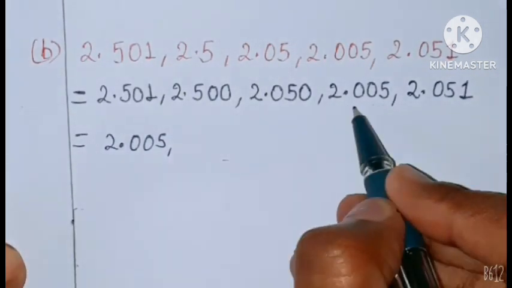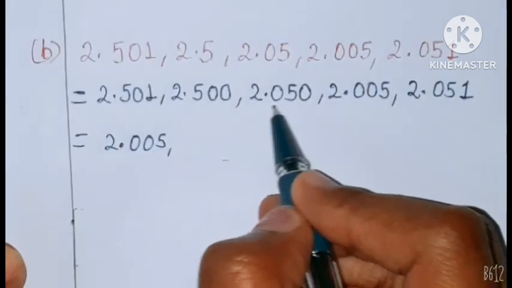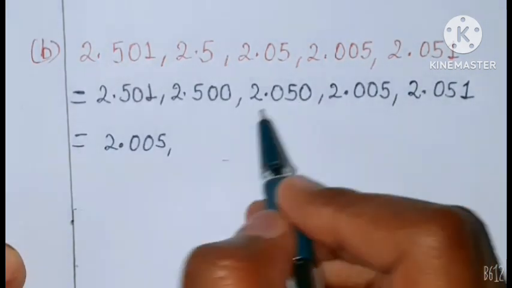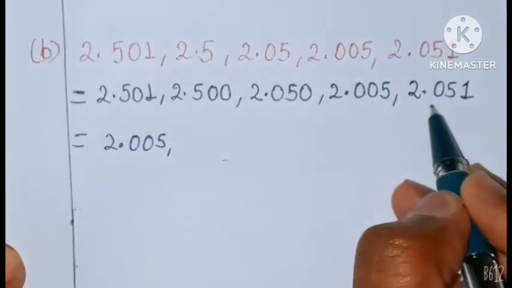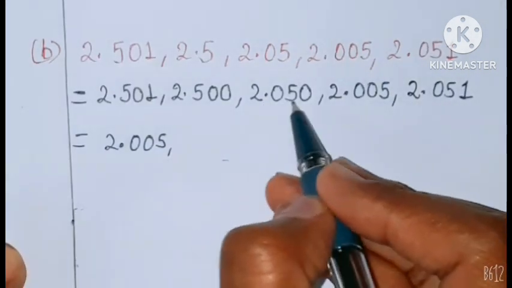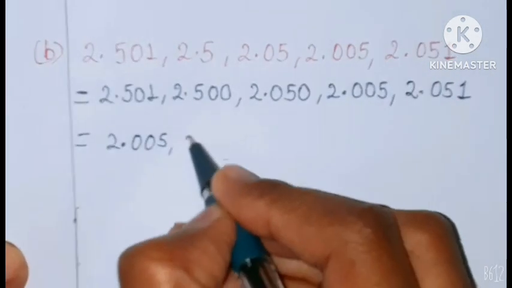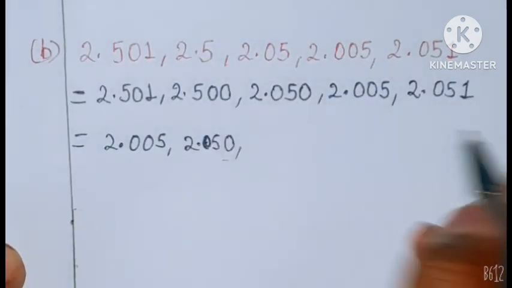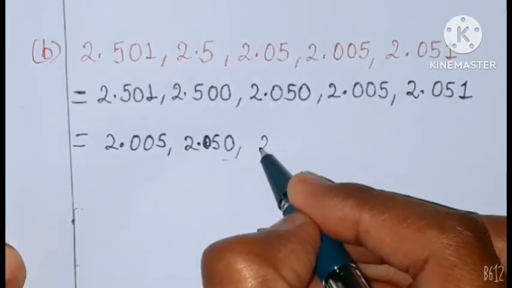Secondly, its work is over now, and we will now compare both of them. So 2.050 and 2.051, we will compare 2.050 and 2.051. So it is 50 and it is 51. So obviously 50 is always less than 51, so we will write 2.050 here, and 2.051 will be greater than 2.050.